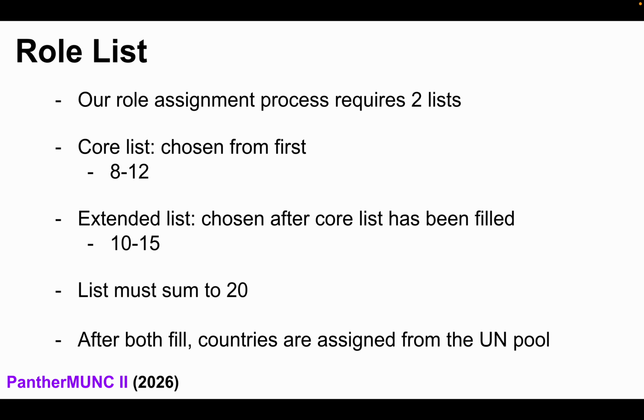We don't want to do that because we think the chairs have the best judgment in what countries are relevant to the topic. So we recommend that if you can find countries, try to come up with a number on the upper end.